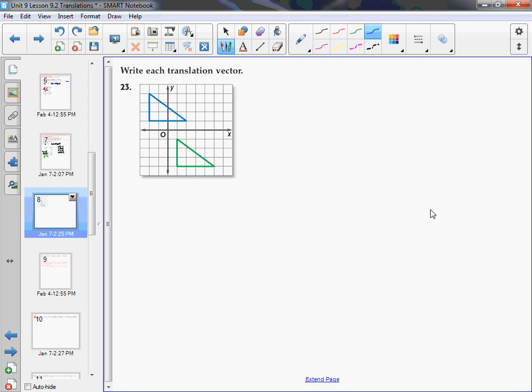Okay, so let's say that the blue one is the pre-image. Isn't that the way the book did it earlier when we were doing dilations, blue first? That's what it seems like. So if the blue one's the pre-image, now all we got to do is pick out one point and watch how it gets translated. So if that's point A right there, then that would be A prime right there. So it goes to the right, so the x part of the vector will be positive, then it moves down. So the y part will be negative.